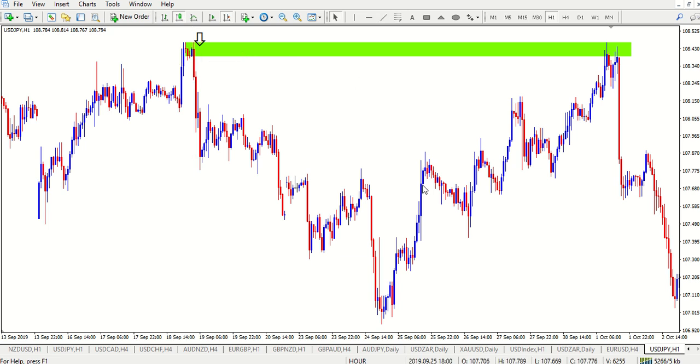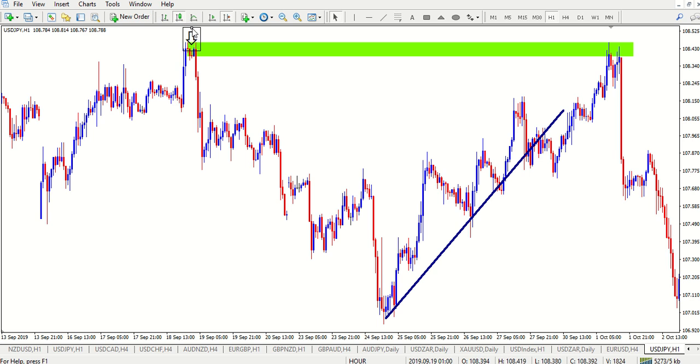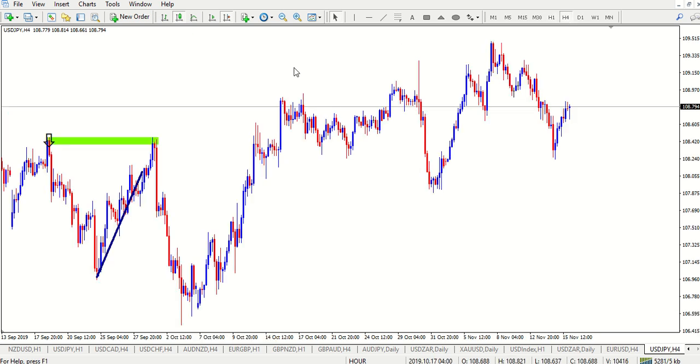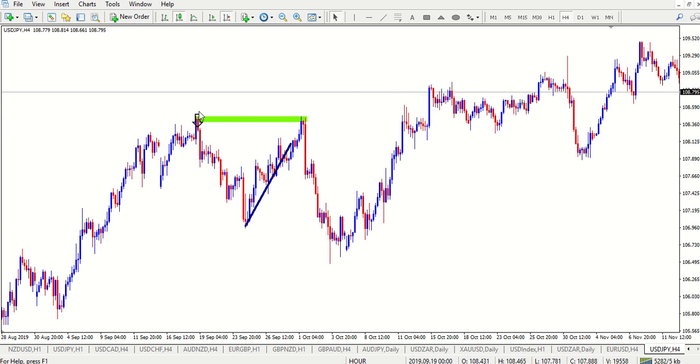So when we saw this move happen here to the upside, we would have taken note of the zone here to the left, right? Now remember what I said. When price does not come back within that specified time on the time frame that you're looking at, in this case the hourly chart, we move over to the 4-hour chart, and we hope that at the 4-hour chart we still have a zone right up there.